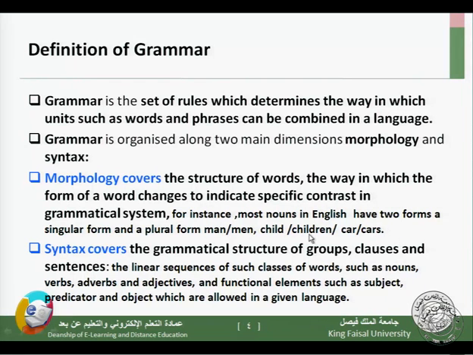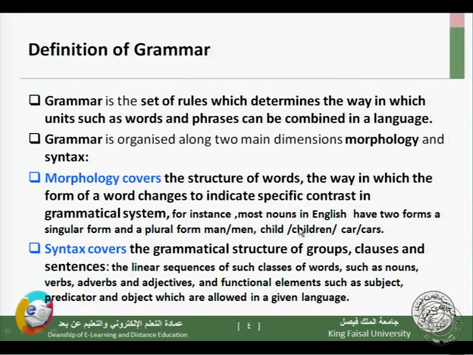So the role of morphology in the grammatical systems can be seen through these examples. I know this is a word, but when you add the s, a little morpheme s here, it becomes a plural. When you add this little morpheme ren to child, children.